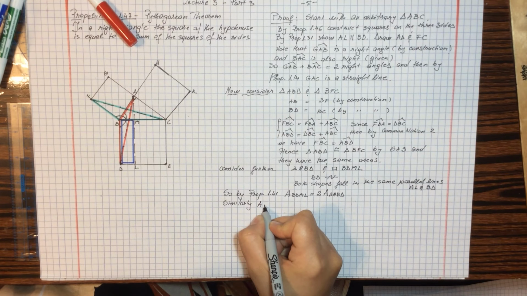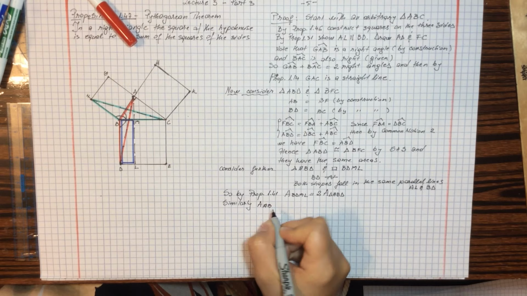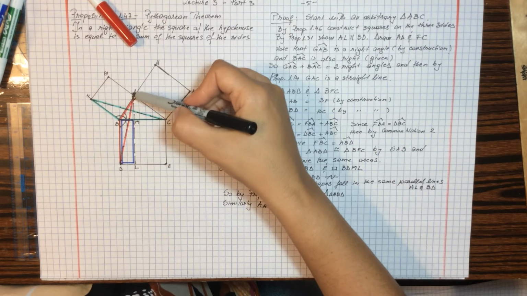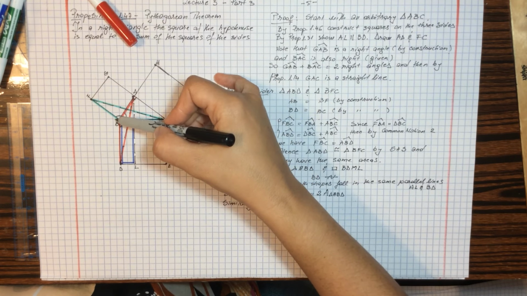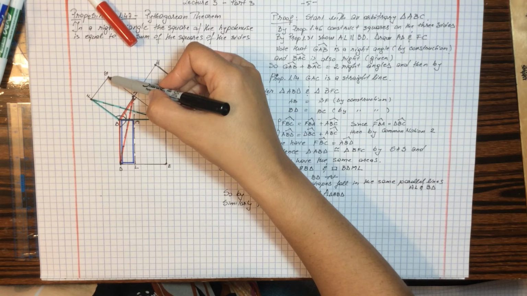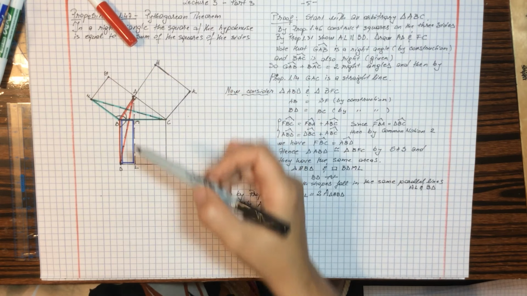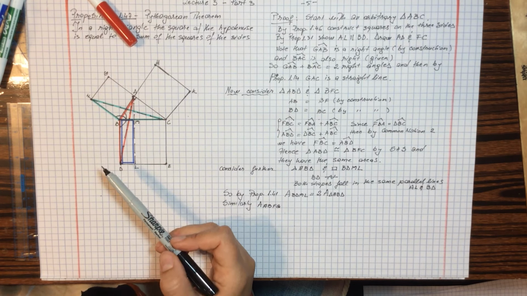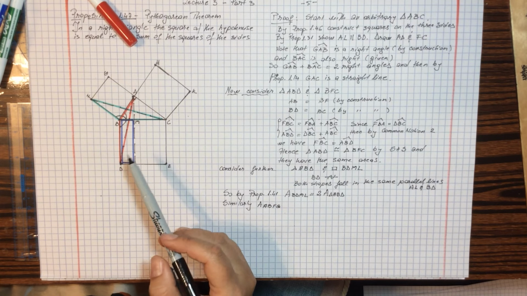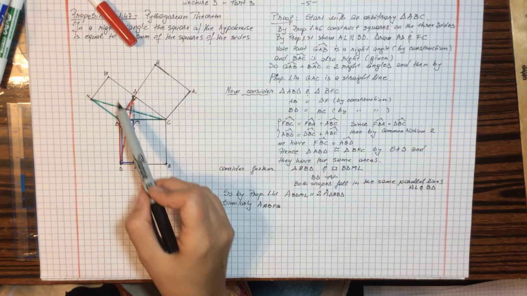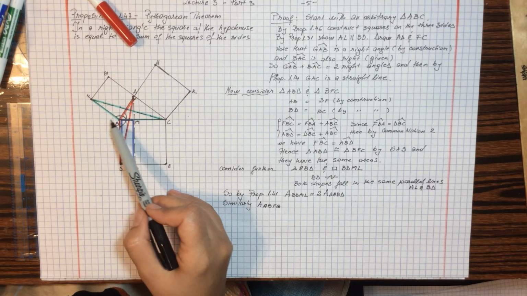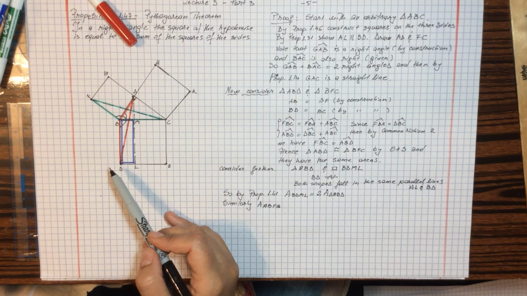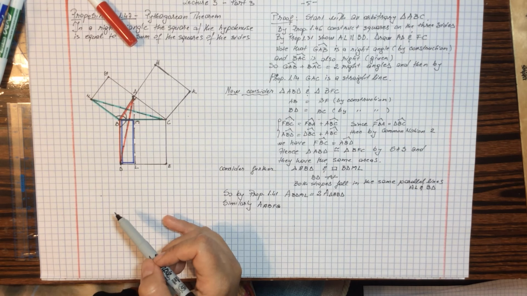The area of the rectangle ABFG is twice the area of triangle ABD for the very same reason.